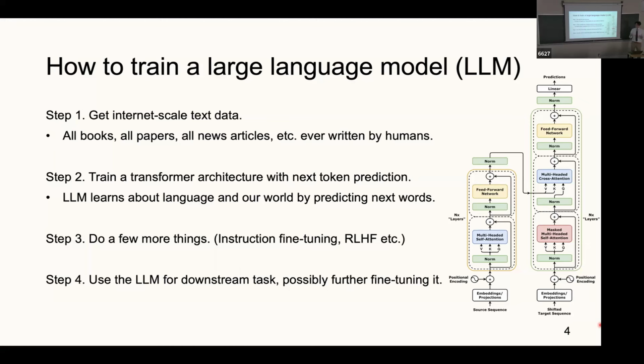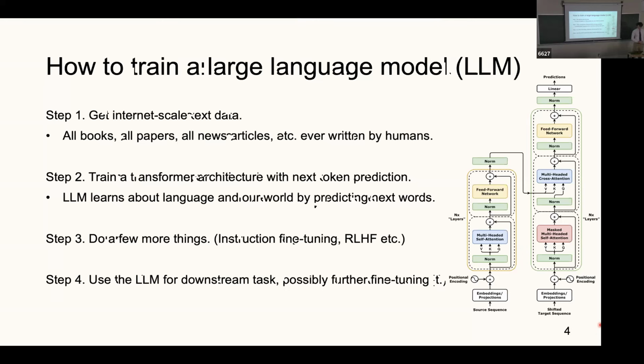For example, if there's a sentence, Charlie was very tired during his studies, so he went to Starbucks to get a cup of something. Well, we all know that Charlie was trying to get a cup of coffee because we have world knowledge. It's not a matter of just knowing language and grammar. You need to acquire good world knowledge to be able to perform this next token prediction task.